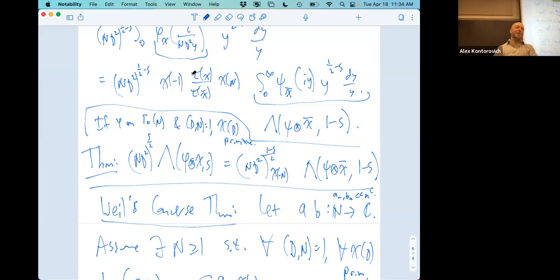And by the way, tau, let me do a little aside. Tau of chi times tau of chi bar is d. Tau has absolute value root d. So 1 over tau of chi is tau of chi bar over d. So I can write this as tau of chi squared over d.